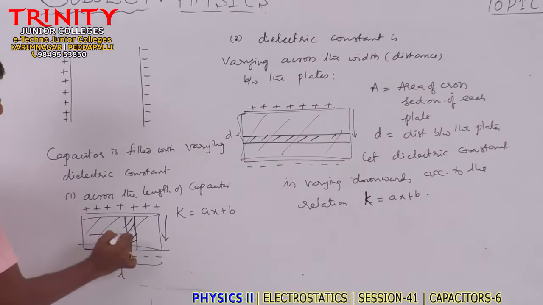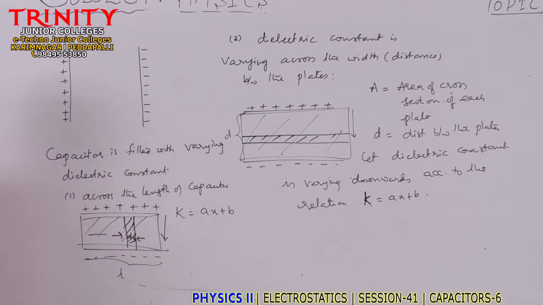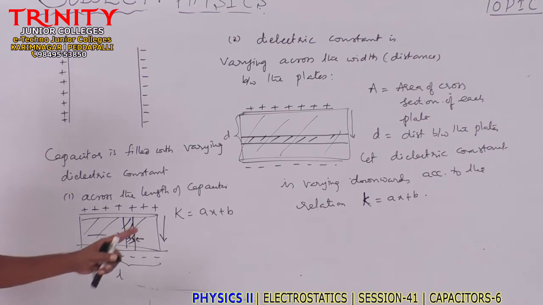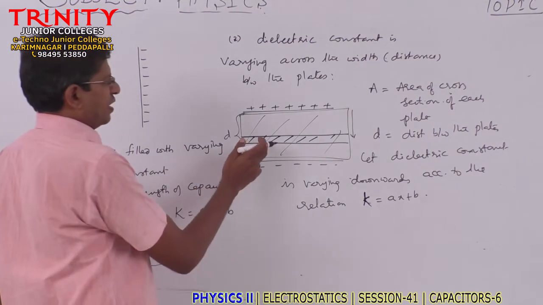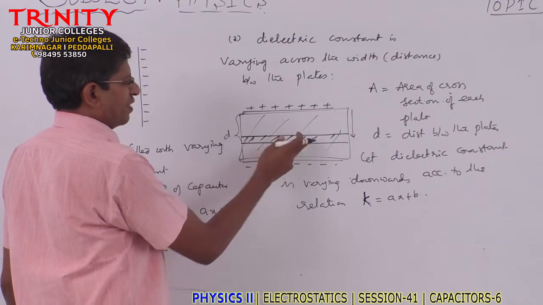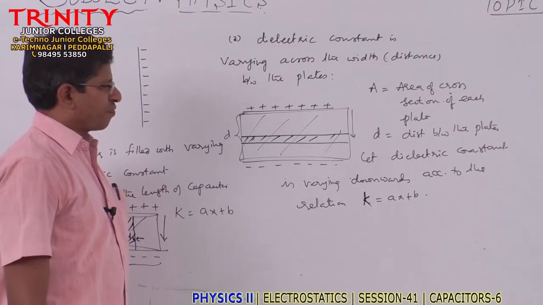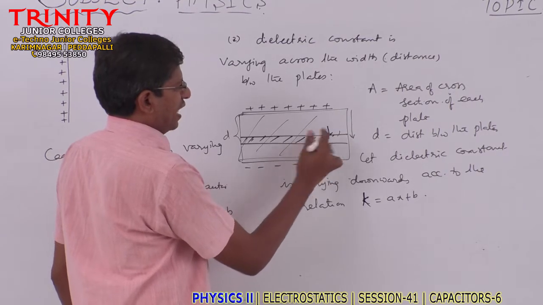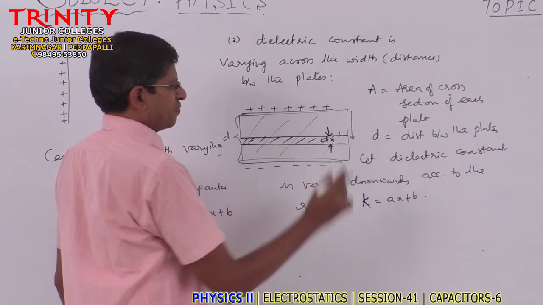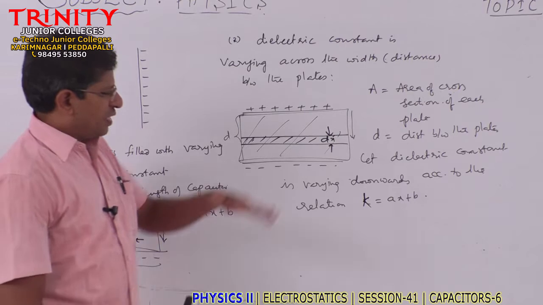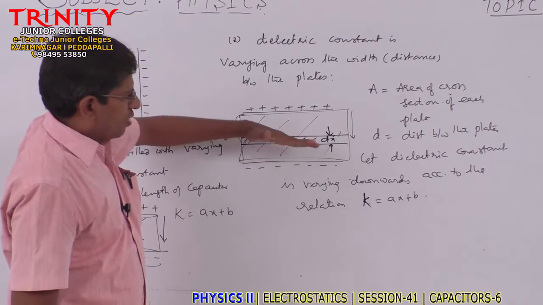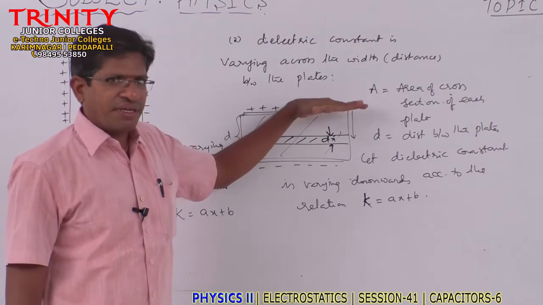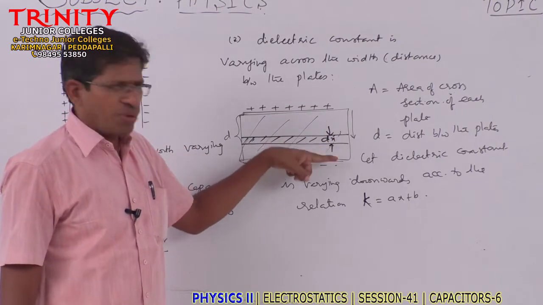Now let us assume the elemental section of the capacitor like this, and the width of this element is dx. The area is the same as that of the plates, but the thickness is only dx.